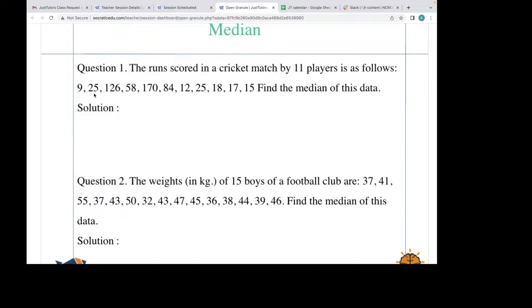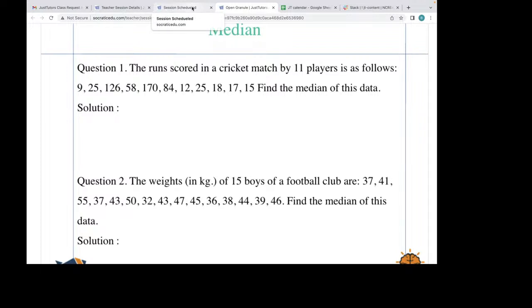So the data looks like this: 9, 25, 126, 58, 170, 84, 12, 25, 18, 17 and 15. Find the median of this data. So what is going to be our very first step? The first step is going to be to arrange all of these in ascending or descending order. So let's arrange these numbers in ascending order.